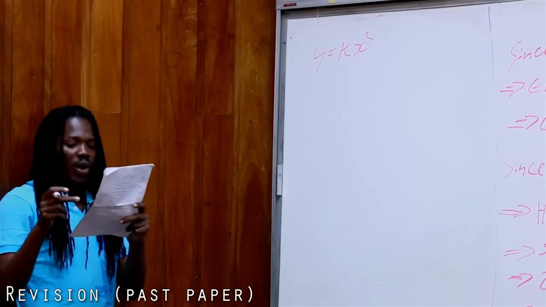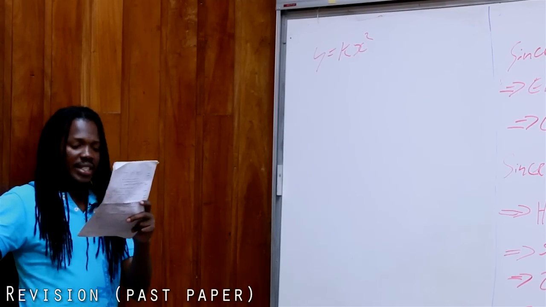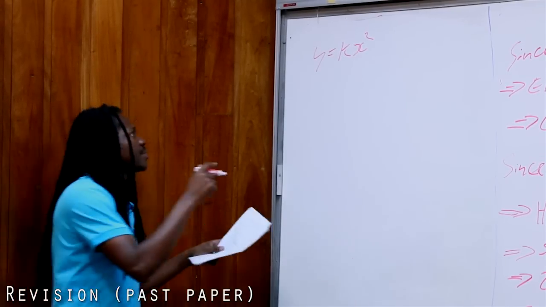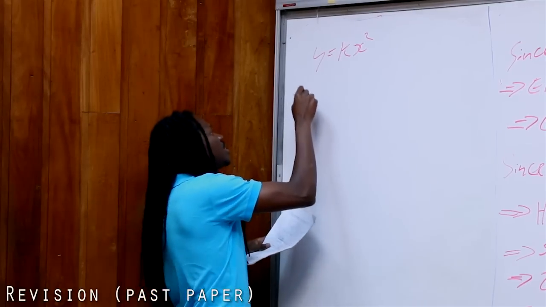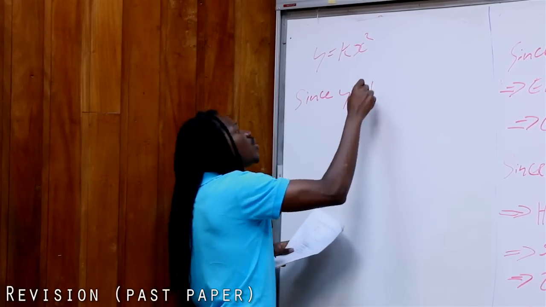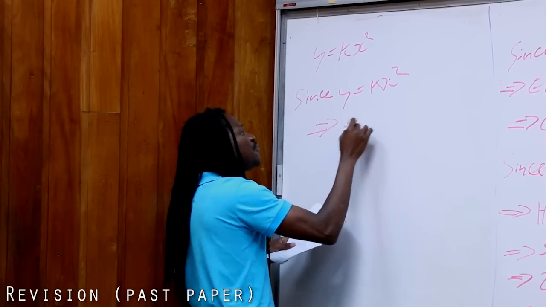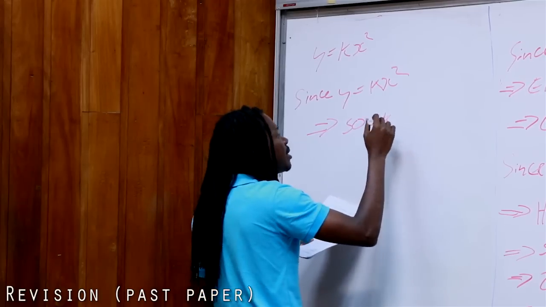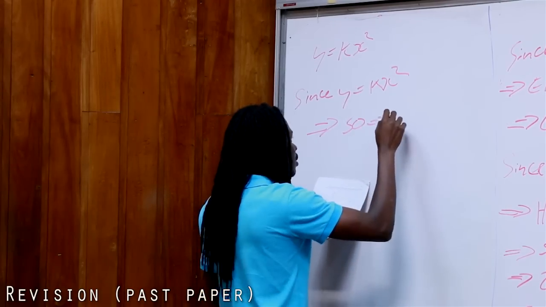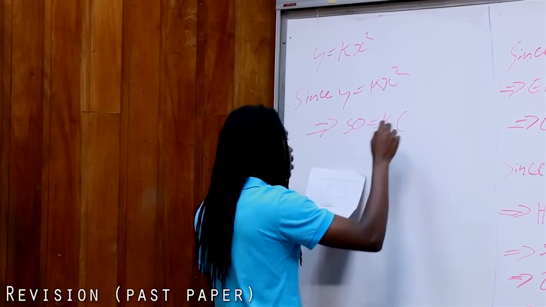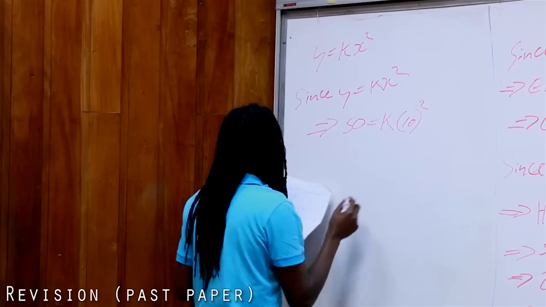Given that y equal 50 when x equal 10, find the value of k. Since y equal k x squared, it implies that 50 equal to k times 10 squared.